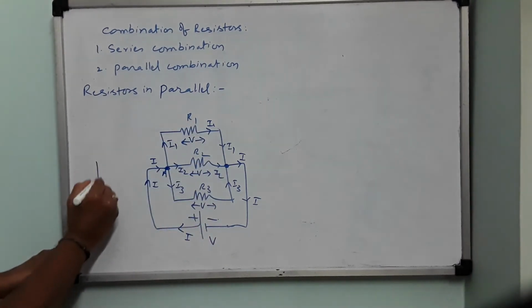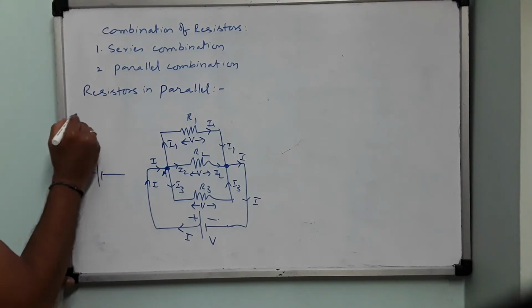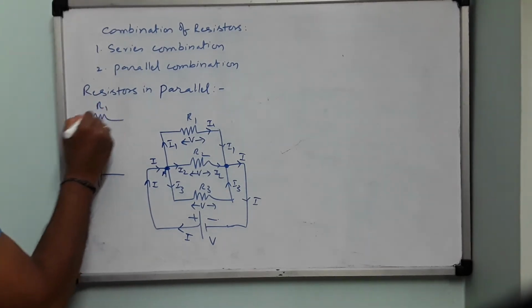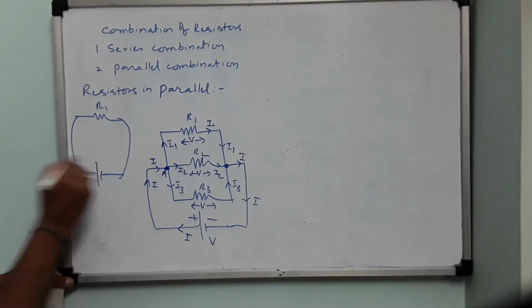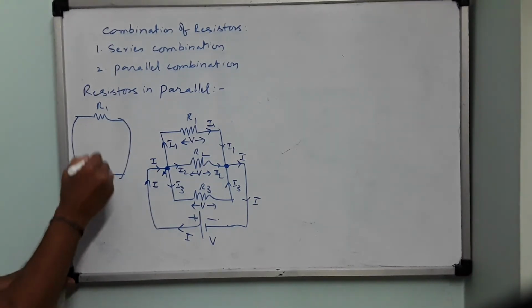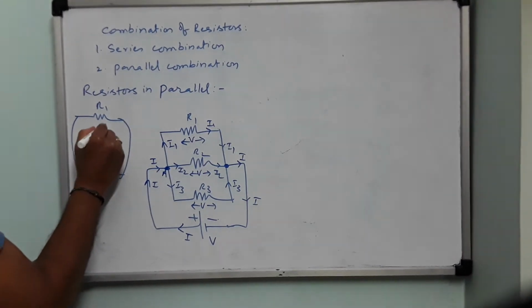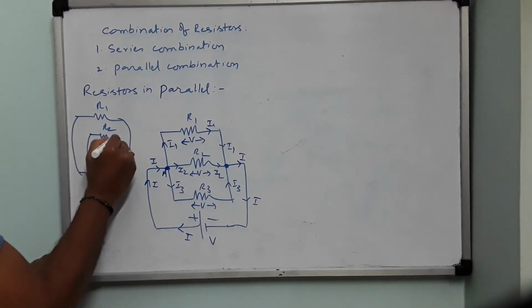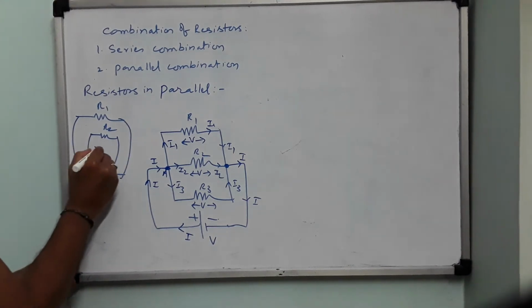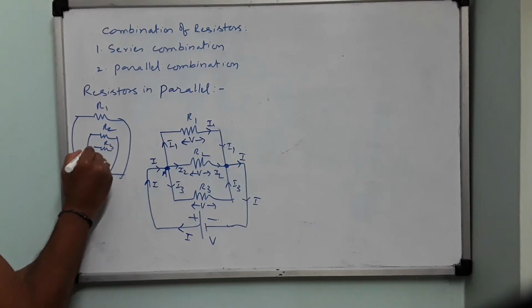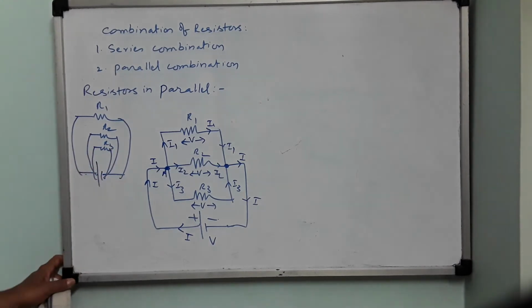So here is the battery. This is your R1, it is connected like this, directly connected to the battery. This is R2, also connected directly to the battery. This is R3, also connected directly to the battery.